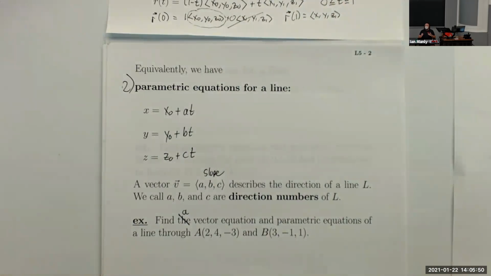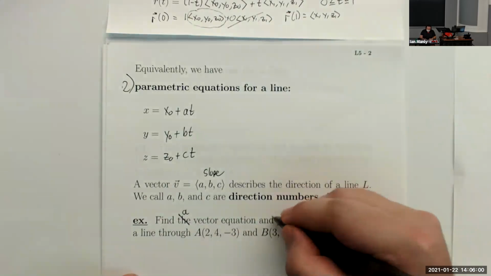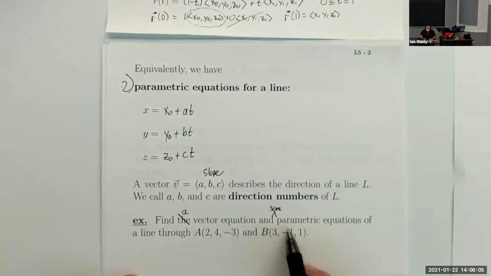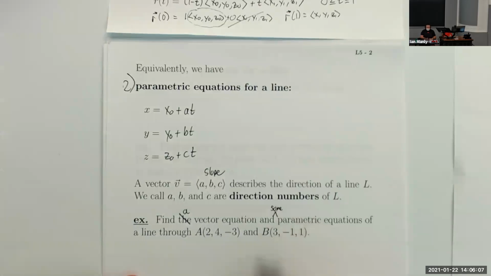So we're simply going to find one vector equation that represents the line. It's kind of difficult to write down infinitely many, so we're not going to do that. So we're going to find a vector equation, and I'm going to put here some, for the same reason as that, some parametric equations of a line through these two, because we could also have different parametric equations for the same line as well. So we're just going to find one copy of each.